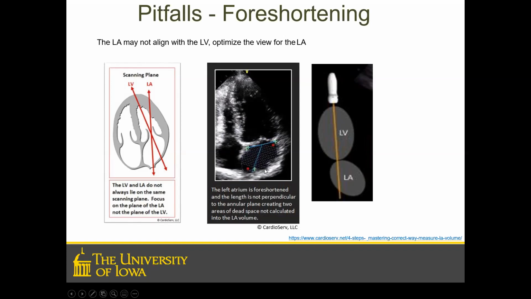And again, this is a foreshortened LA. You can just tell by looking at it, it's too squatty. And you can see the 2 dead spaces on that. Where if this length would have been moved to here, then those dead spaces would have been filled in.